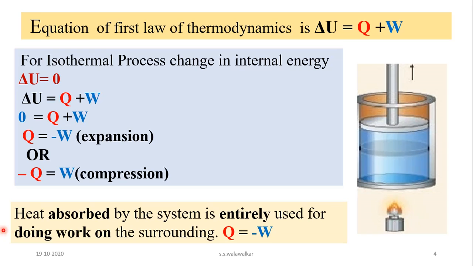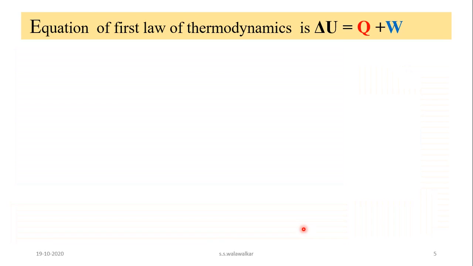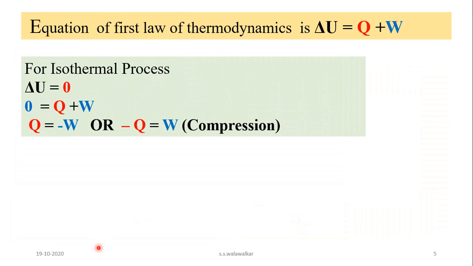So in an isothermal process, the heat absorbed by the system is completely used for doing work on the surroundings, and therefore Q is equal to minus W. This is the mathematical expression of the first law of thermodynamics for an isothermal process. Or minus Q is equal to W, that is compression.